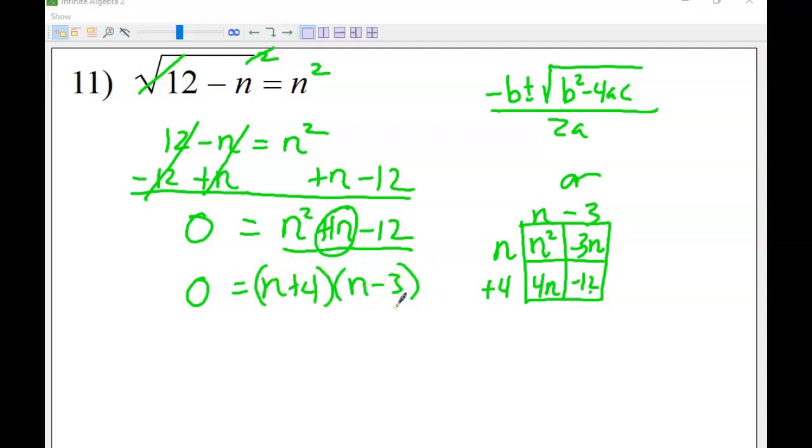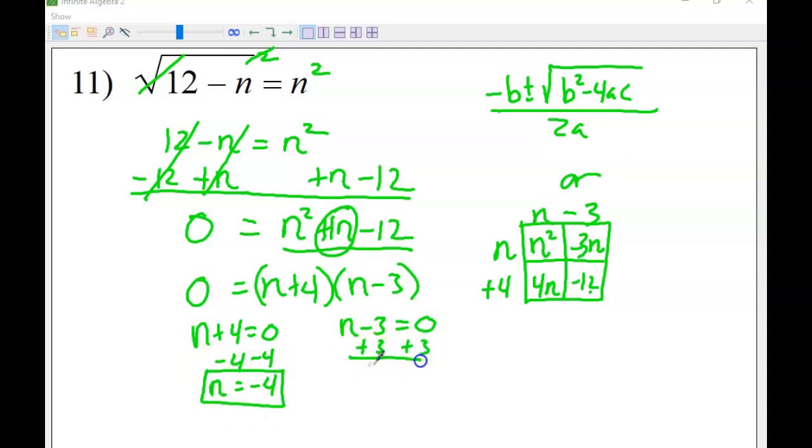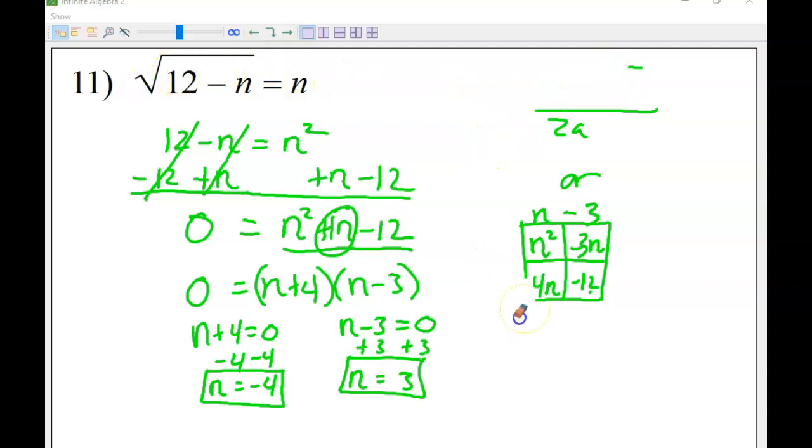And then we do the zero product property to solve for n. So n plus 4 equals 0, n minus 3 equals 0. So in this case, I get n equals negative 4. And in this case, I get n equals 3. But once again, we've got to check our answers. We want to make sure it doesn't make anything negative. I think we're good. I can tell as I look up here that shouldn't be a problem.